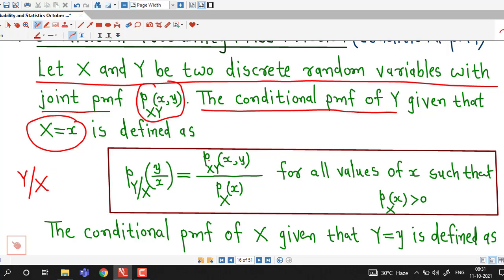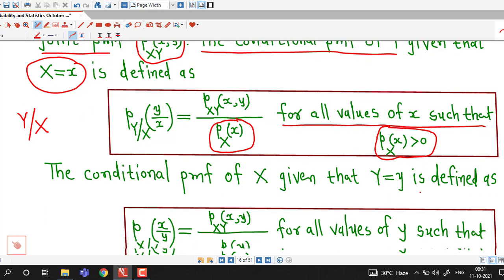So this is equal to joint PMF at point (x, y) divided by the marginal probability mass function of random variable X at point x, and this is valid for all values of x for which this PMF has positive value.